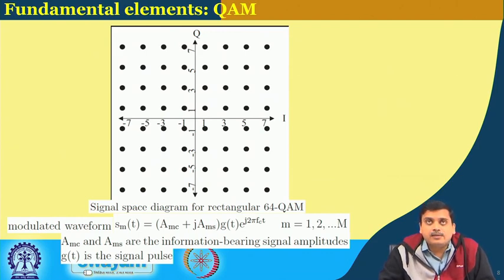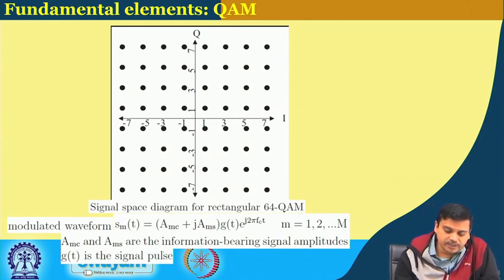Since we are talking about IMT-Advanced or 4th generation communication systems, we have said that this air interface brings in a higher amount of spectral efficiency. Amongst the different things which bring in spectral efficiency, we have QAM, quadrature amplitude modulation.